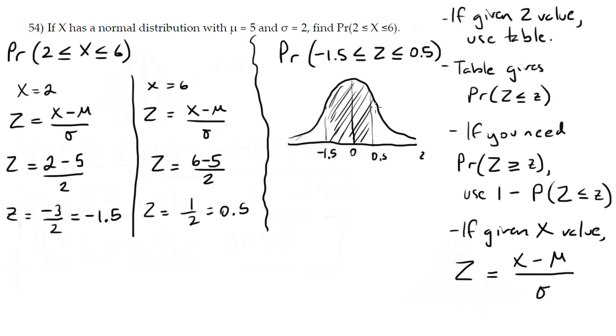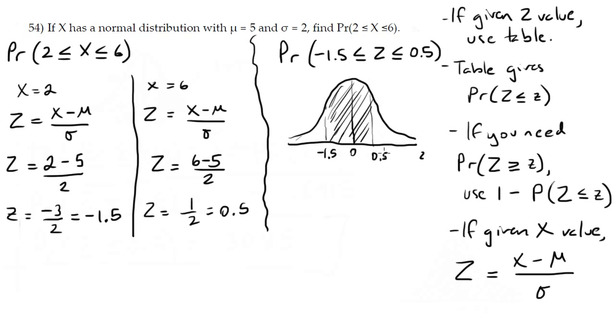Essentially, I'm finding my probability for z less than 0.5, finding my probability for z less than negative 1.5, and subtracting them. That's the approach we take for in between these two values.